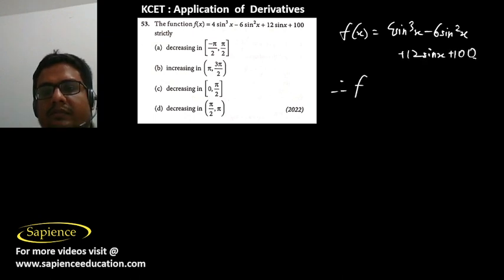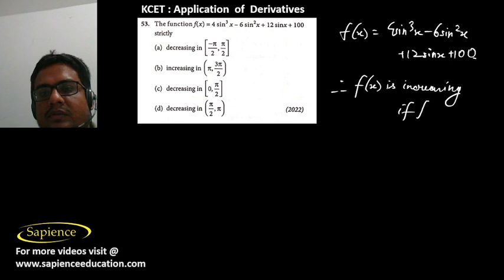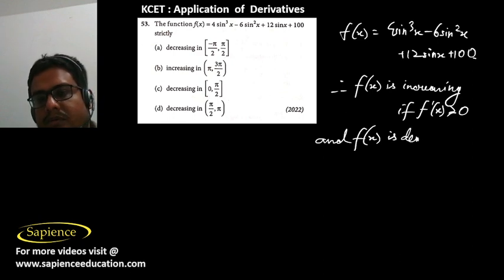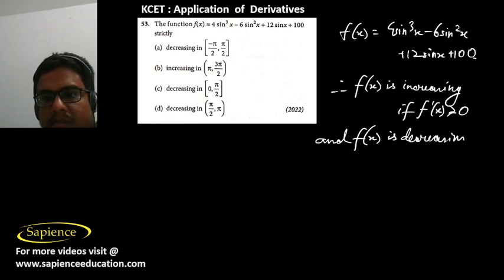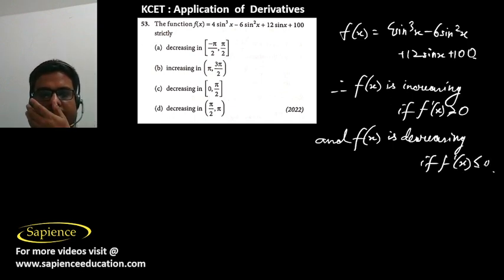So f dash x is increasing in some interval, f dash x is greater than or equal to 0, and if f is decreasing in some interval, f dash x is less than or equal to 0.